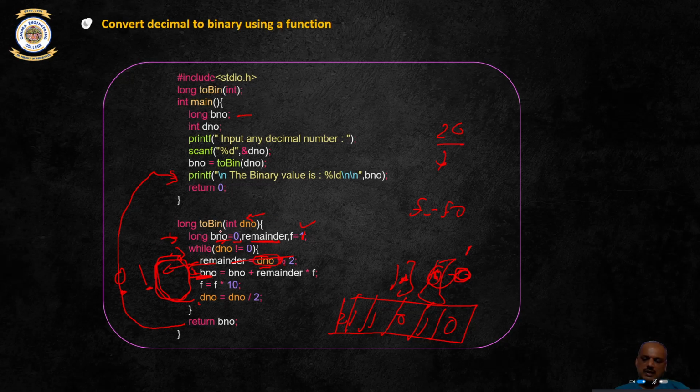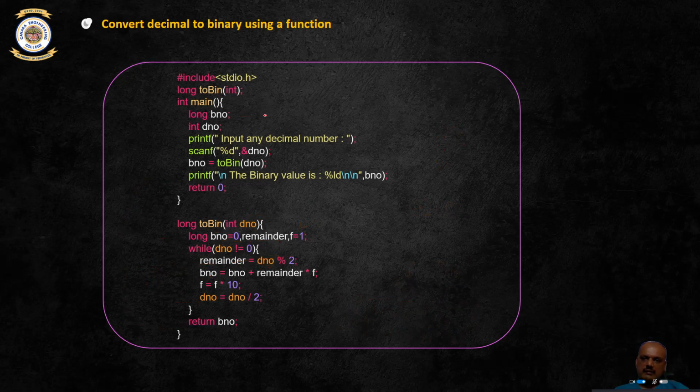So that is how you convert a given decimal number to a binary number using an external function.